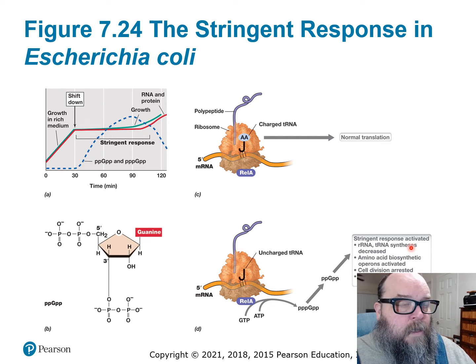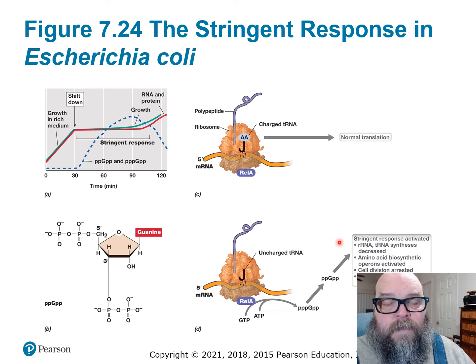So that means all the genes that are responsible for making the enzymes that will then catalyze the production of amino acids, all of those operons will be triggered because of the increased ppGpp or pppGpp, the tetra or the pentaphosphate. Cell division's arrested, and all the other operons that go along with the stress response will kick in.